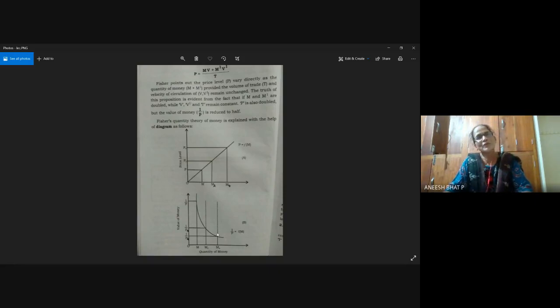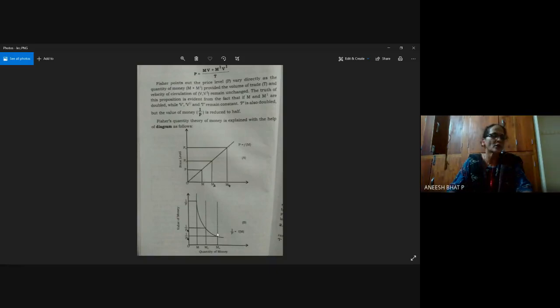So in other words, these are the factors on which Fisher's theory is based. And along with this, Fisher's theory, even though popular during that time, around 1911 when he developed it, was well known and became popular for a time.